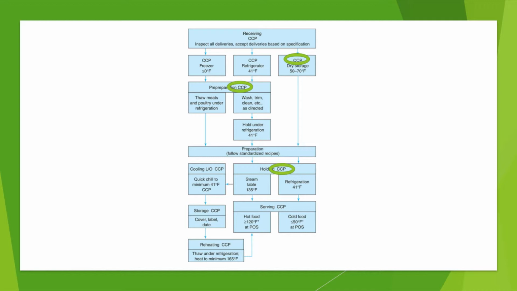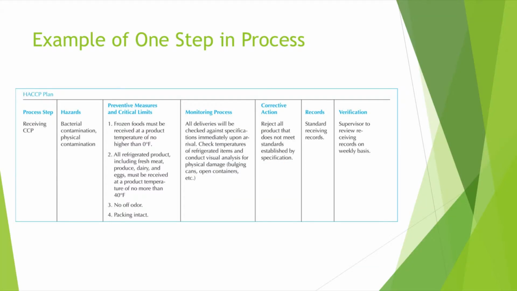So again, we've noted where the critical control points are. Not all of them, of course, are noted, but as it goes through that flow, we've noted that and the temperature.